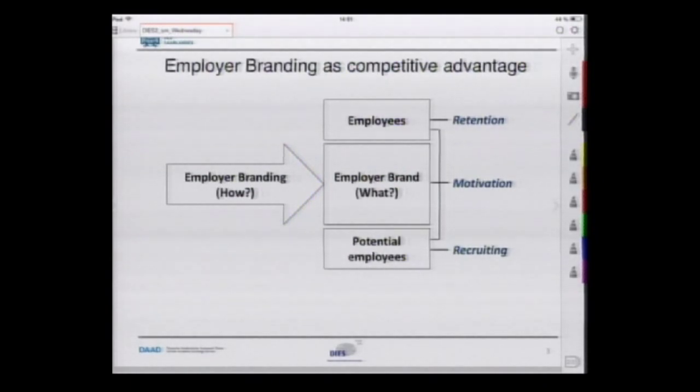I have some more suggestions about what an employer brand is. We can differentiate between functional elements. Functional elements, for instance, mean career opportunities, opportunities for development from one function to another function. We have economic elements.